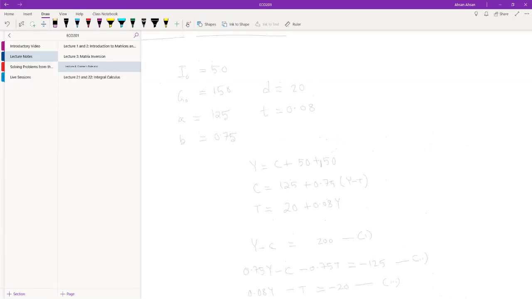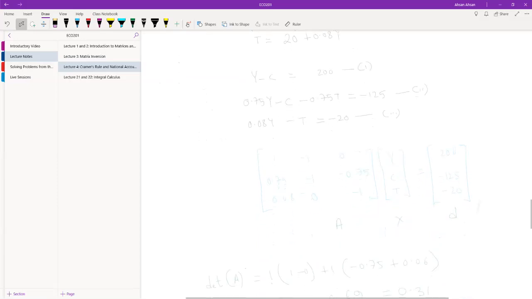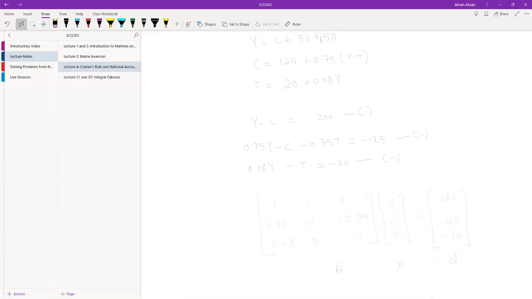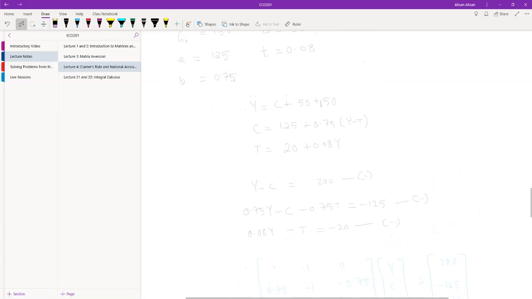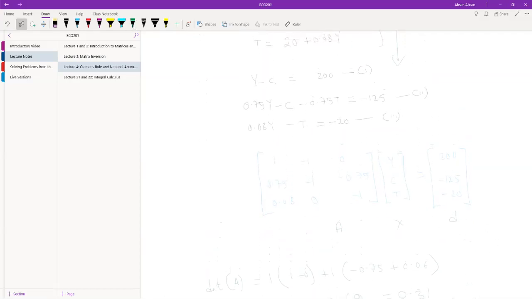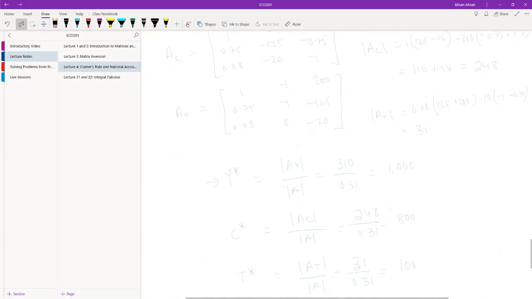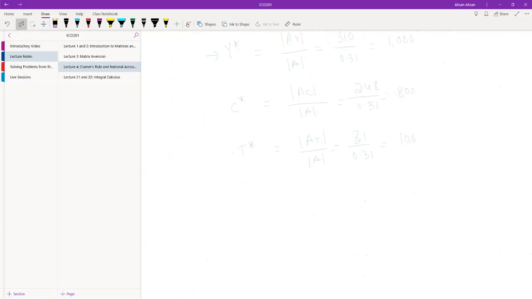As we talked about in the previous video, the endogenous variables are Y, C, and T. First of all, we organized the system of equations in a way where we have all the endogenous variables on one side and everything else on the other side. Then we converted it into matrix form. And from there, we just used Cramer's rule to find the values of Y, C, and T.